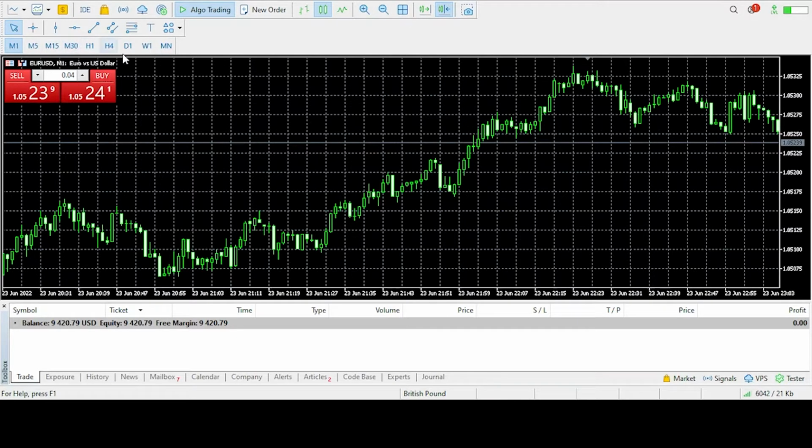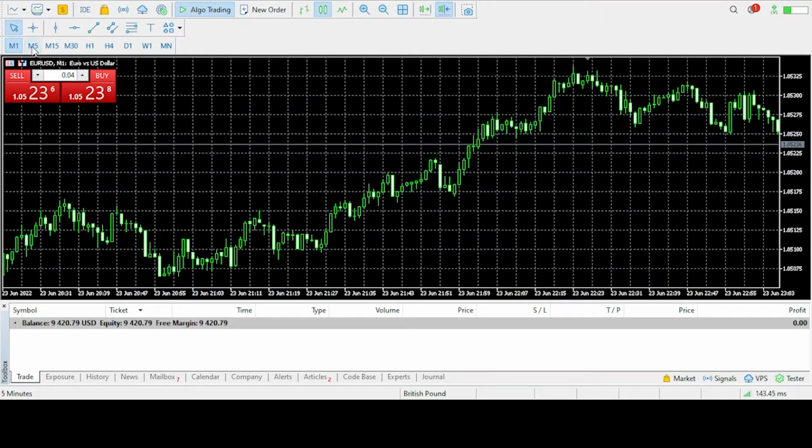These are different types of time frames, meaning M1 is a 1 minute time frame. That means each candle on the M1 chart is of a minute. It shows the price action of 1 minute. So each candle represents the open, high, low, close of 1 minute.